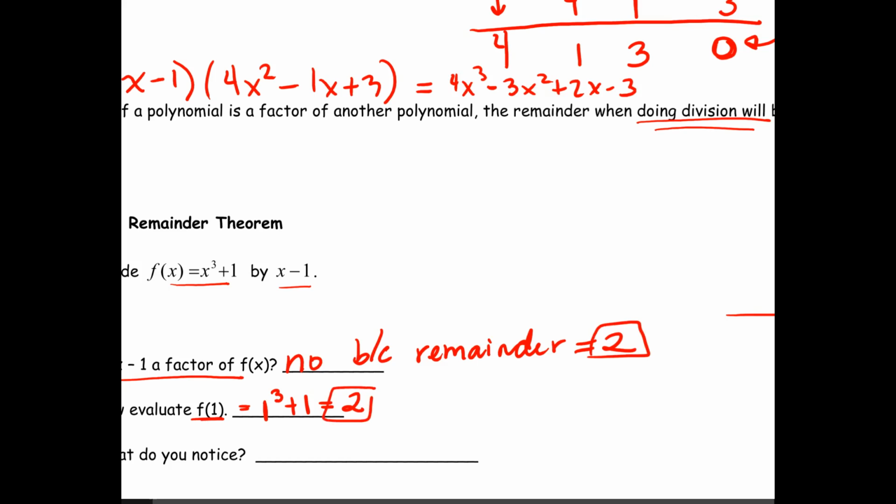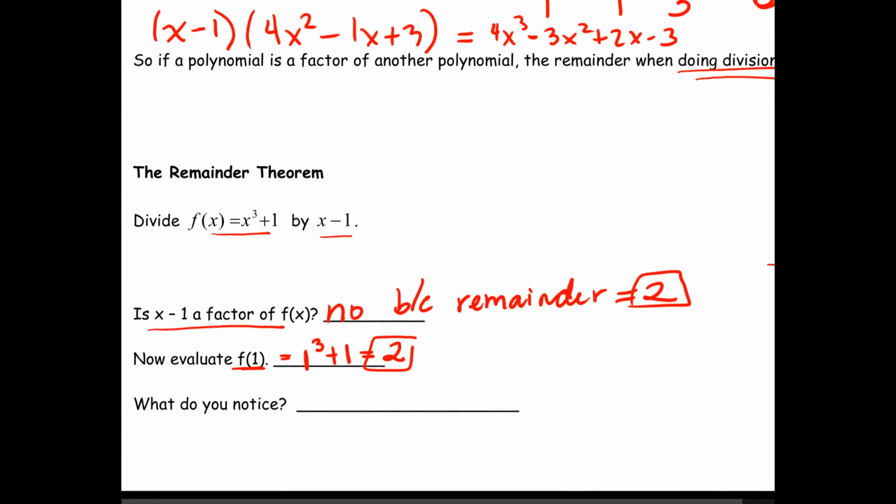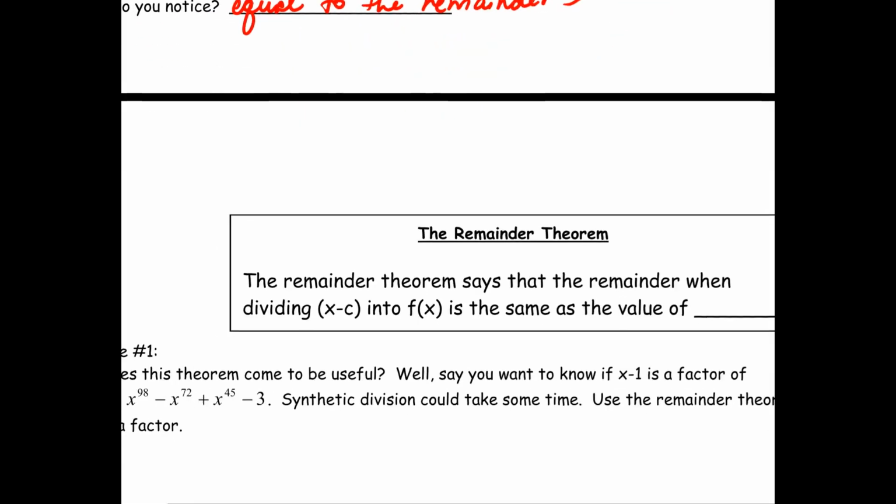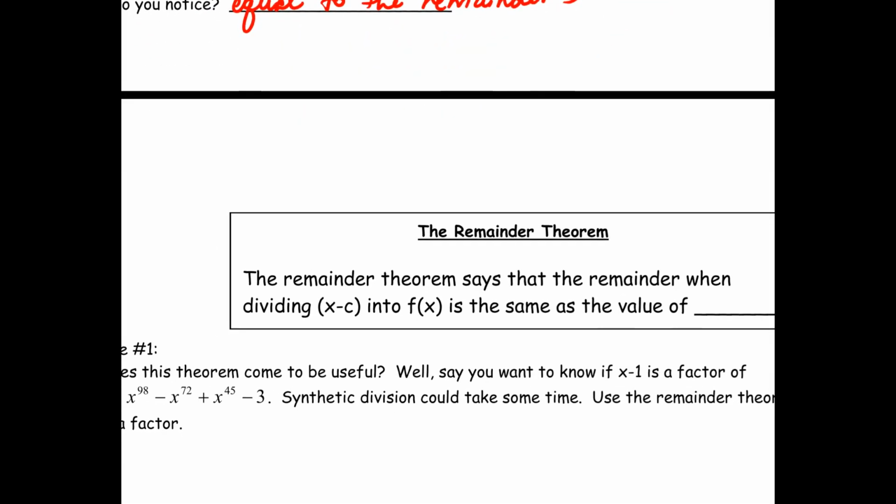This is actually a theorem that we have called the remainder theorem. And this fact is actually so helpful that we have a theorem in mathematics called the remainder theorem. And we'll see how it's helpful with the next 2 examples.